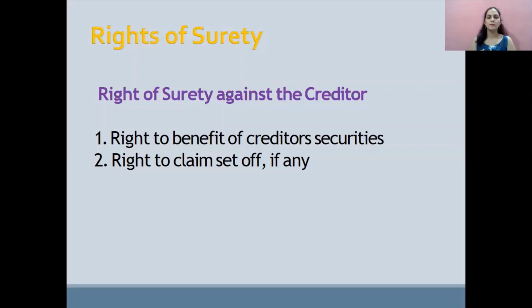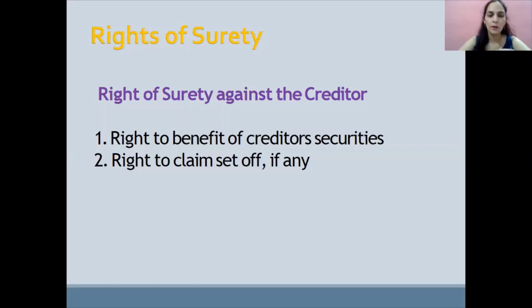Secondly, right to claim set-off. If any kind of claim set-off is there, like for example, Mr. A has borrowed money from B for rupees 1 lakh, and there is a previous transaction between B and A where B has taken 10,000 rupees on credit.